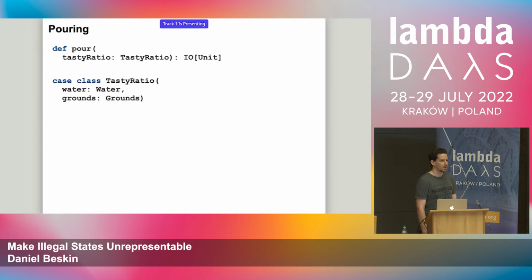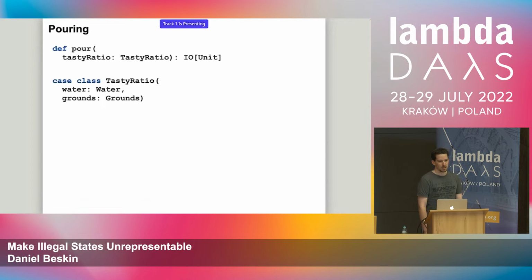You still can create tasty ratio instances with the wrong proportion of water and grounds. And so, although we claim that tasty ratio is a valid input, we do not enforce it in any way. So it's, again, another illegal state that's waiting to happen. And since it can be represented in our system, most likely someone at some point will create an illegal instance of tasty ratio, and something will be broken.